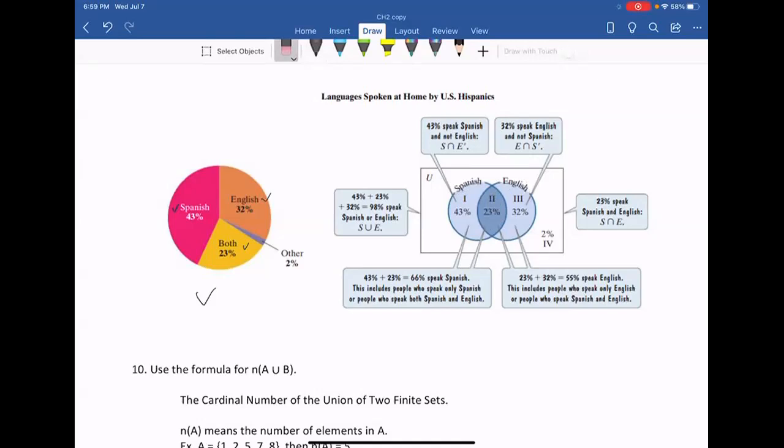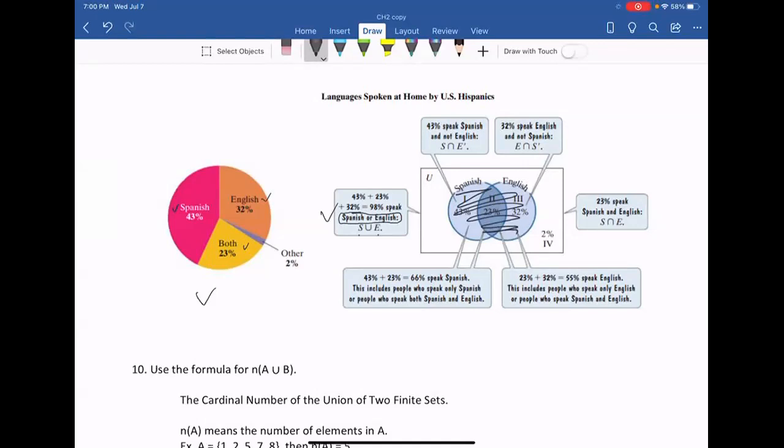So let's see the meaning of this part. Let's start from here. Spanish or English. If I say Hispanics who speak Spanish or English, that means S union E. That means all of these.